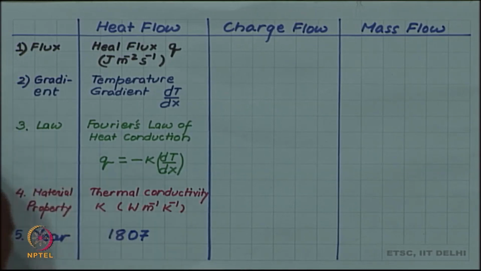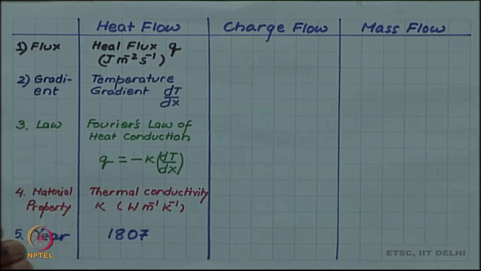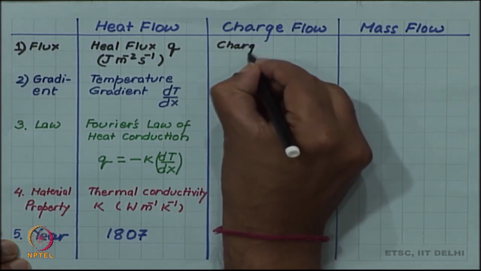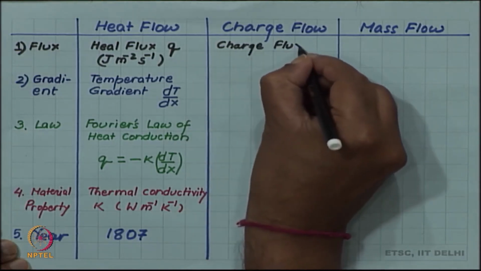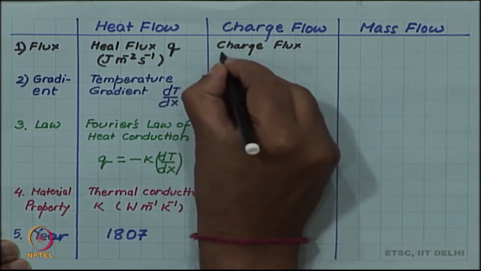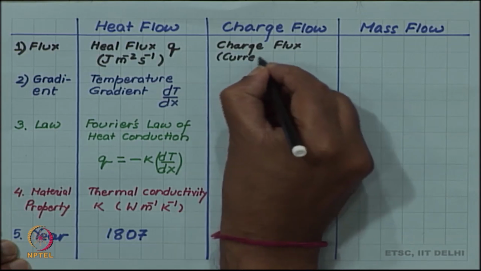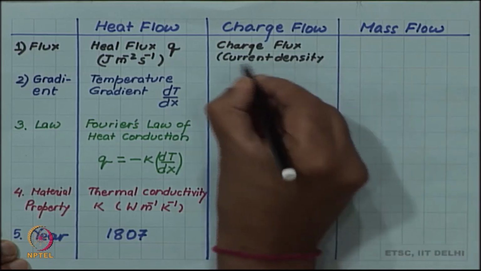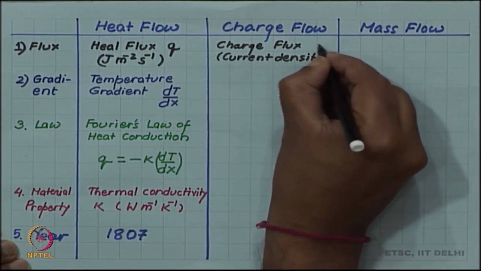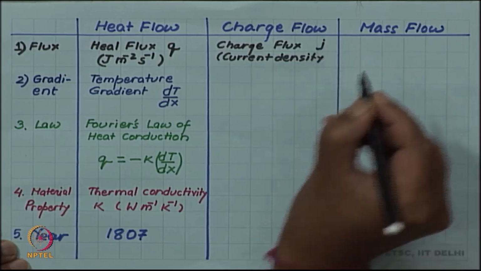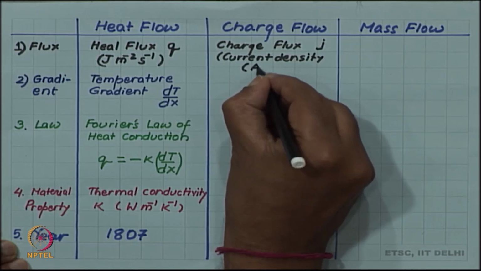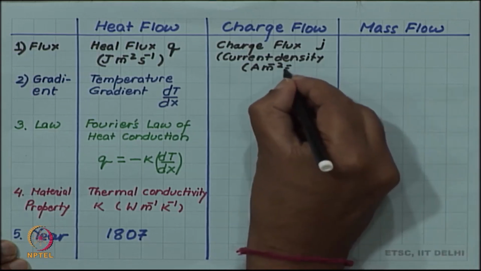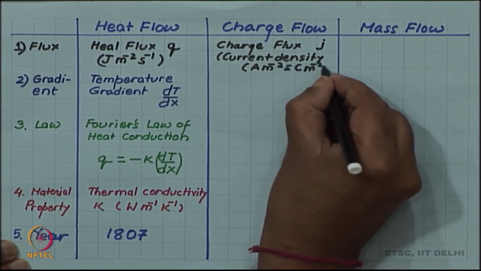Here the flux is charge flux, also known as current density, so this is given a symbol J. Units will be ampere per meter square, which is actually the same as coulombs per meter square per second.